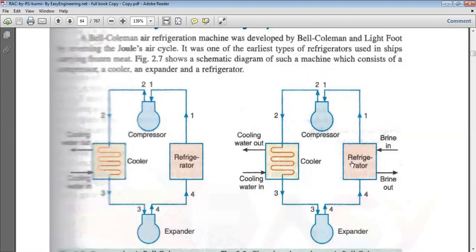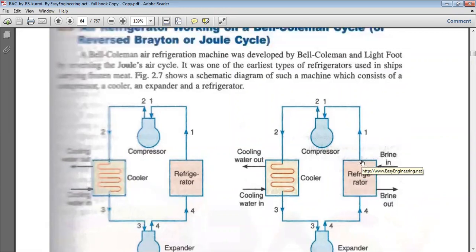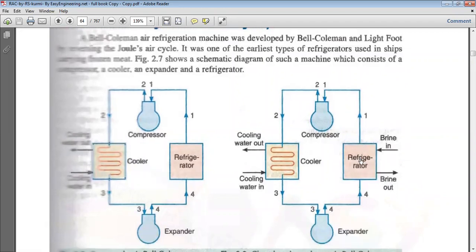It is circulated over a secondary refrigerant, that is brine tubes, where brine absorbs heat from the refrigerant. Thereby brine is cooled, and that brine solution is brought into contact with the food products which are to be cooled. That is indirect cooling. That is a closed system.